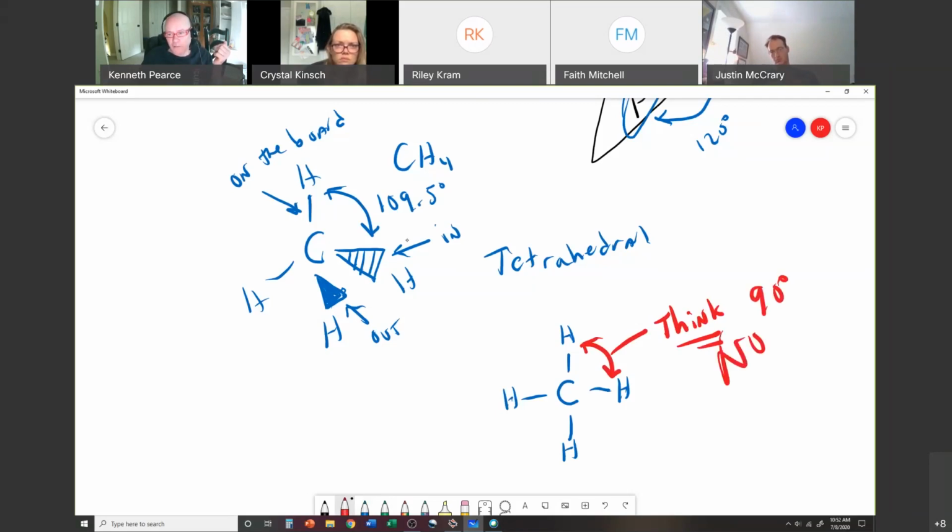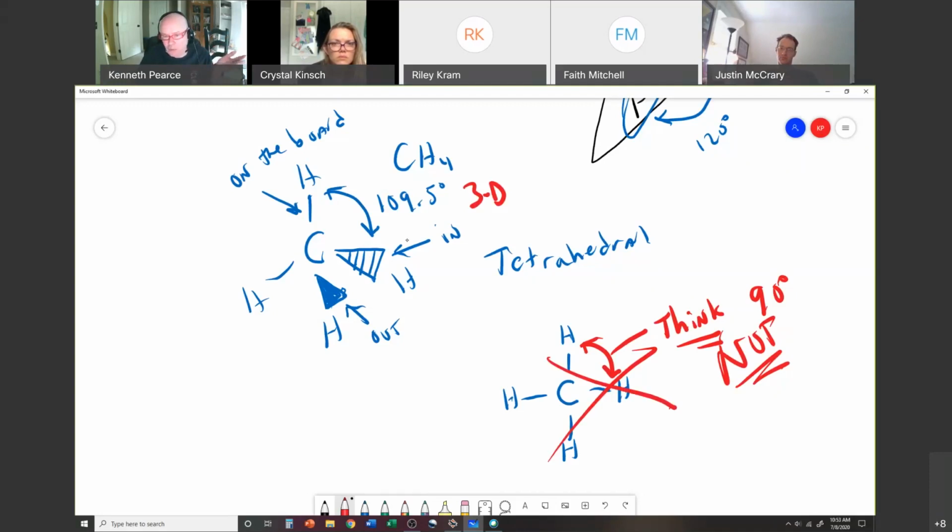But it's not. The Lewis structure is a representation that tells you how many things are bonded. This up here is the actual structure. This is 3D up here. This is just the flat, drawing it on a page to help us try to understand. So it's not 90 degrees, okay?